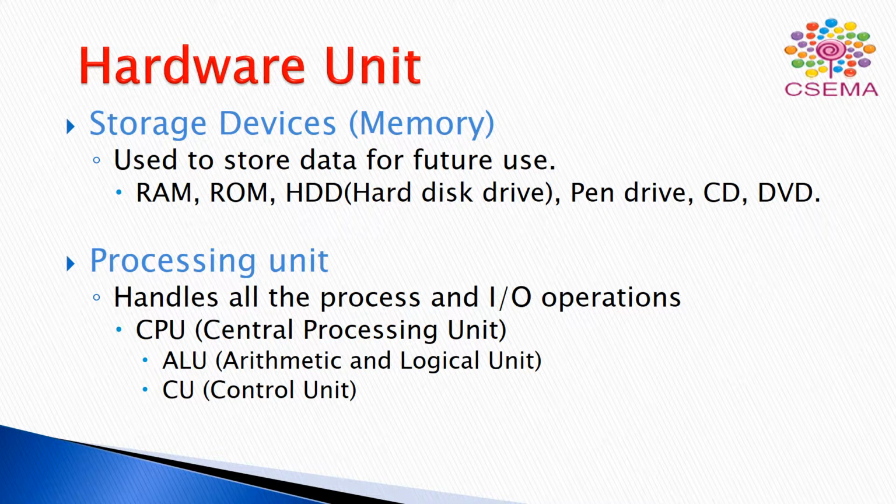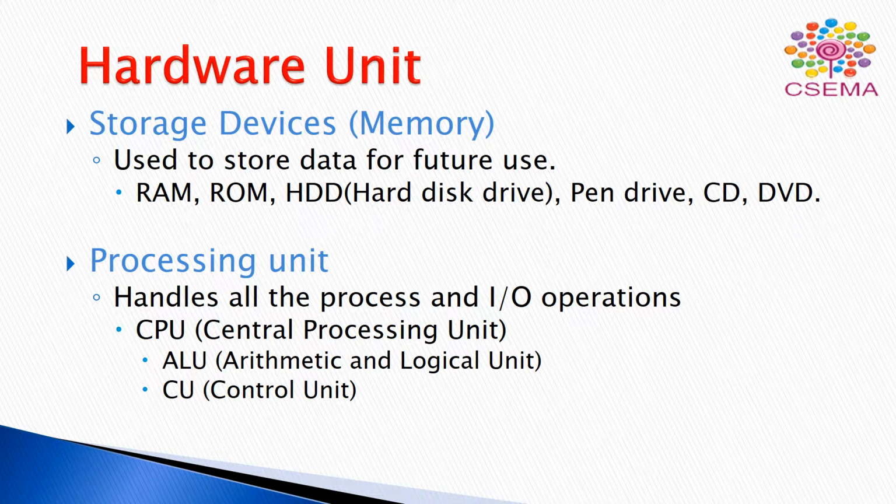These storage devices can be categorized into two categories: primary storage and secondary storage. Primary storage stores temporary data, that is RAM and ROM. Secondary storage devices are used to store permanent data, that is hard disk, pen drive, CD or DVD, floppy disks and other magnetic disks.